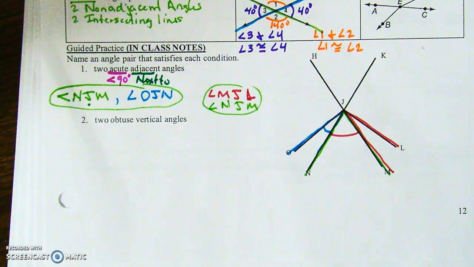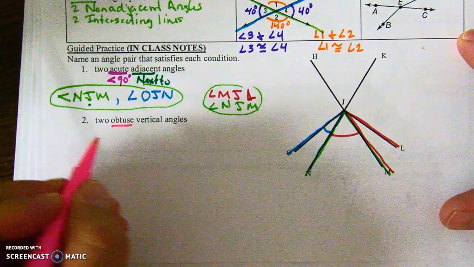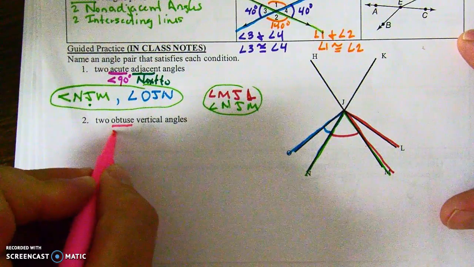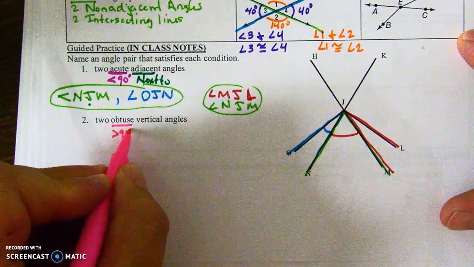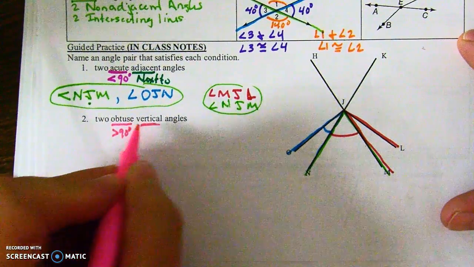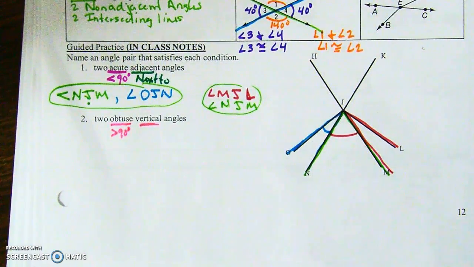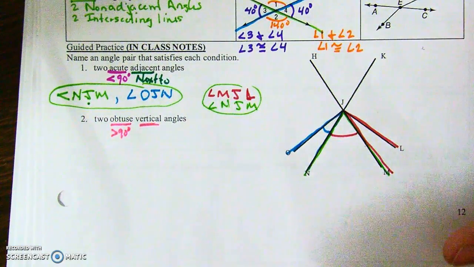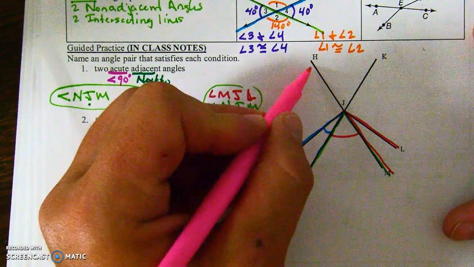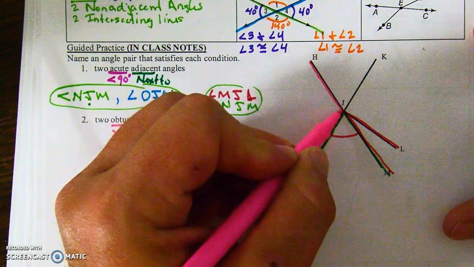Okay, now the next thing we're going to talk about are words in here that are obtuse, which means that they have to be greater than 90 degrees in this case, and they have to be vertical. So as we do this here, and I apologize for all the colors in here, I'm going to say this one looks obtuse to me.